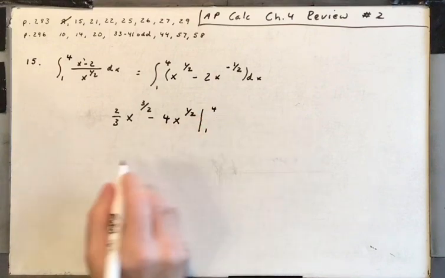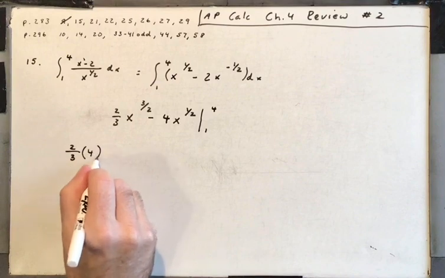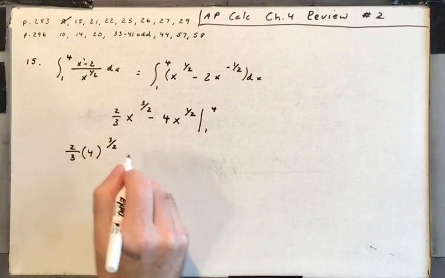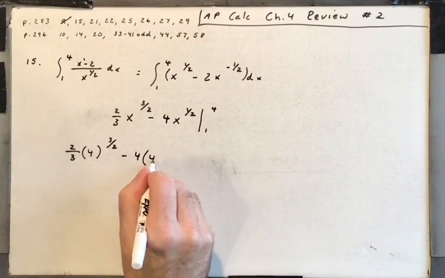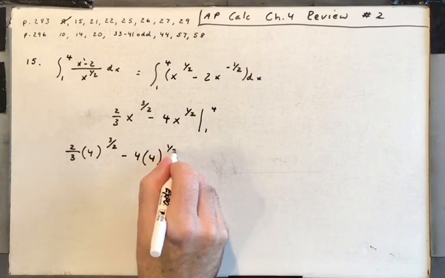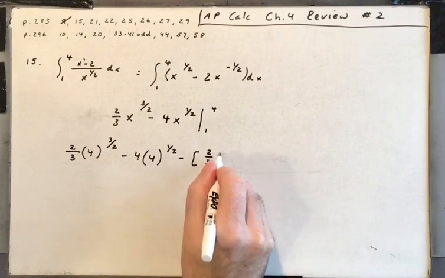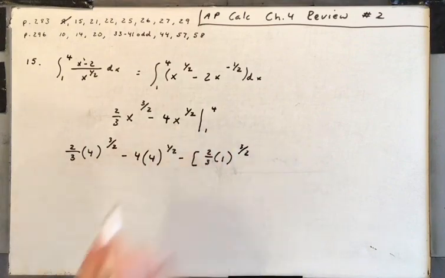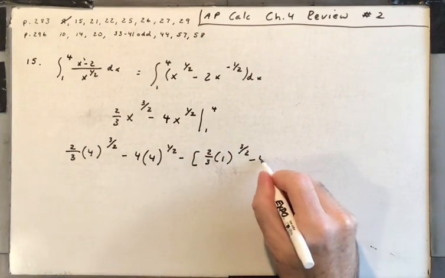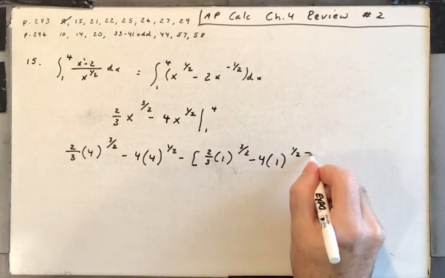1 to 4. So I've got 2/3 times 4 to the 3/2 minus 4 times 4 to the 1/2, minus 2/3 times 1 to the 3/2. So I'm plugging 1 into each now. Minus 4 times 1 to the 1/2.